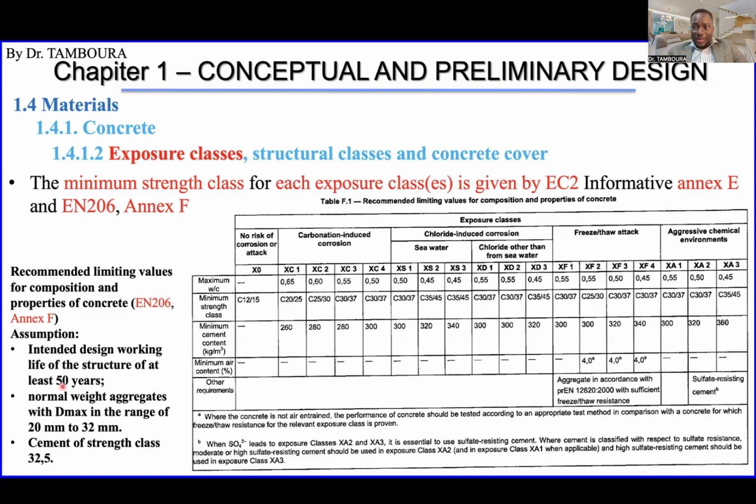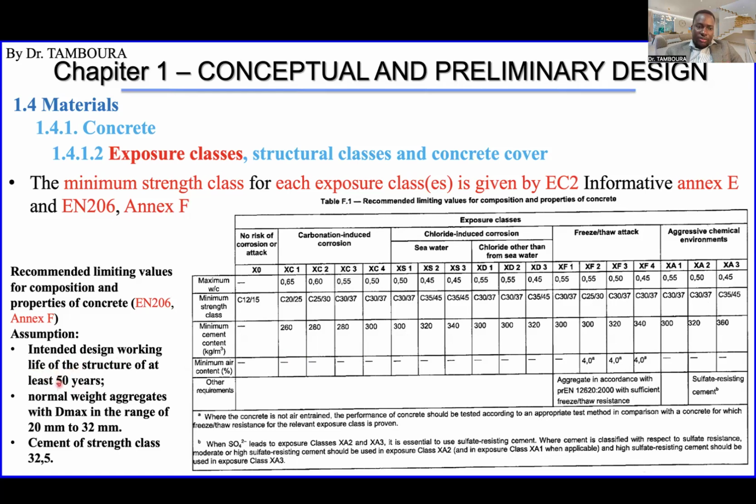For example, 100 years, okay? In that case, you will need some modification, and we will see how to modify and adapt it. But no big deal. It will be just +1 or +2. For example, if you are here in case of 50 year, and then you want to design for 100 year, maybe you change to come here, something like that. But you remember that this table is for this kind of condition.